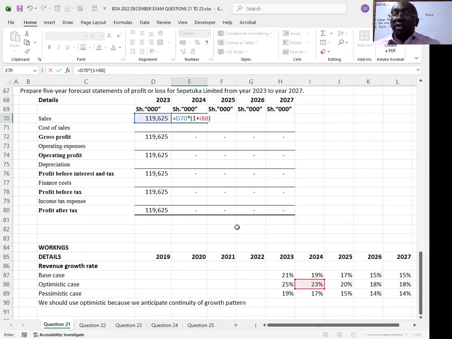Give me the figure. We have taken this one for 2023. We multiply by the percentage now in 2024. Set the figure. I need more figures. Good.